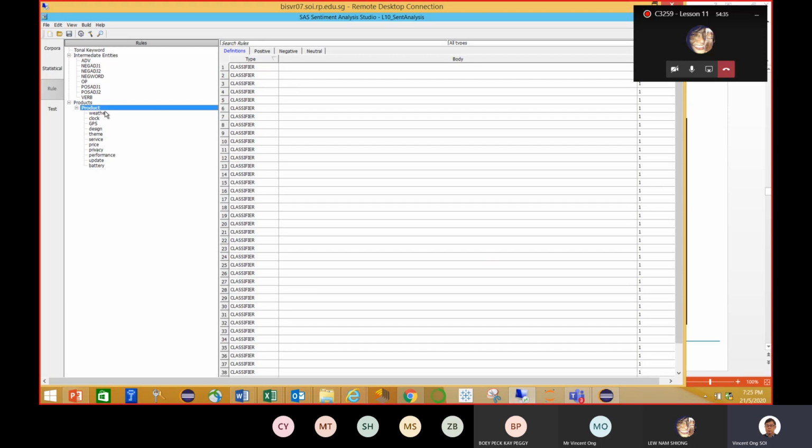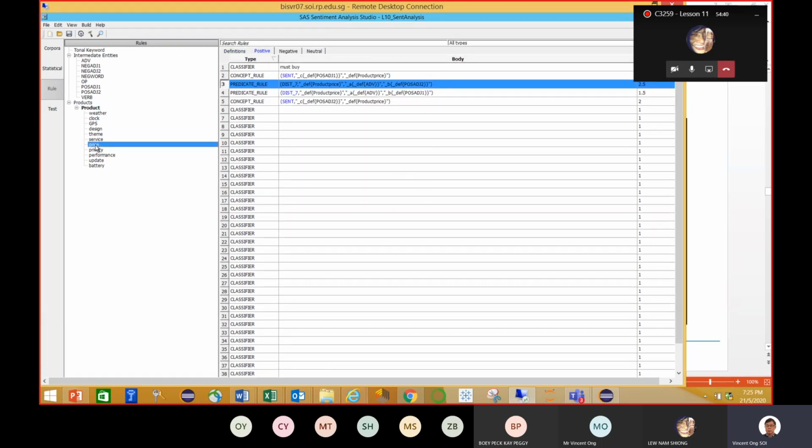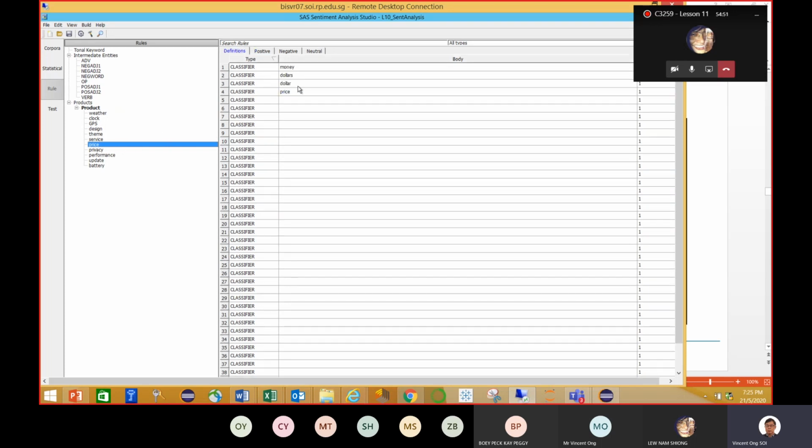One of the things that I want to find out is how people feel about the price. How is the price of the product? Is there feedback? I must tell the software what I mean by price. So I select price and look at the definition here. Anything in the text that appears as dollars or money, the software knows that this is referring to the price of the product.